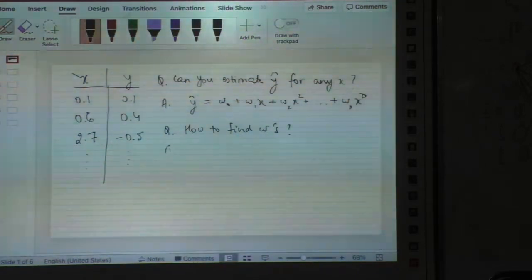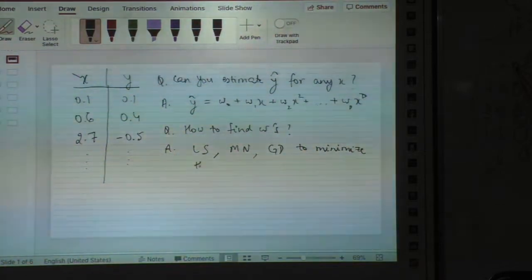So you said, since this is a linear function, I can use the least square solution, I can use the minimum norm solution, I can use gradient descent, right? To minimize the error. This is what we discussed.